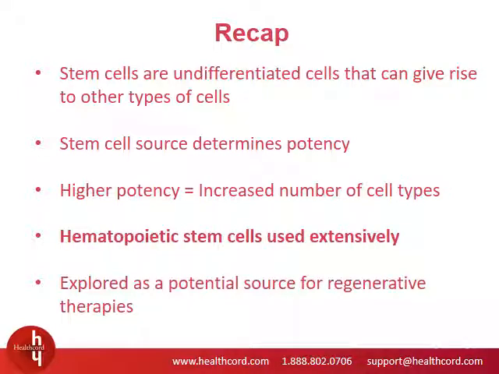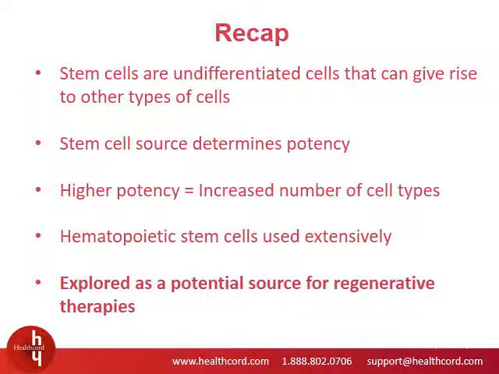Finally, I highlighted hematopoietic stem cells as an example of a multipotent stem cell that is currently in use for regenerating cells in the immune system and the blood system. Both adult and newborn stem cells are being explored in clinical trials for their potential for treating a number of highly prevalent diseases like diabetes, heart disease, and Alzheimer's.